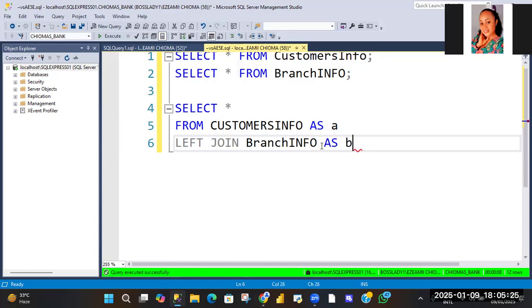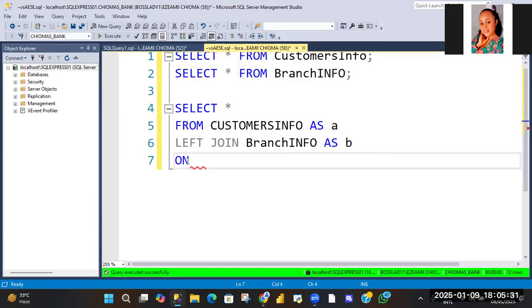Okay, so what do you want to join these two tables on? So that is where this on keyword comes in. What do I want to join this table on? So for instance, if we did not erase our table, it means I will keep using this. Sorry, I want to join customer info. Let me use this first. It doesn't matter the one you mentioned first.